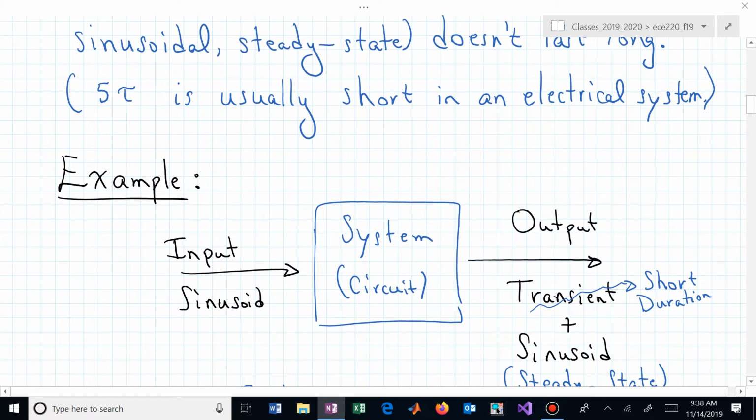And here is a way to think about it schematically. We have this system, and maybe I should say this is a linear system or circuit.